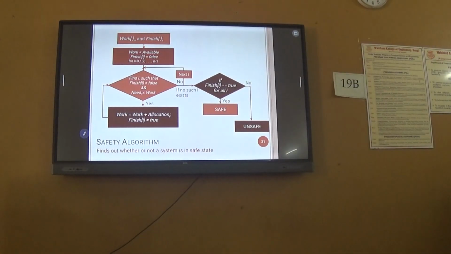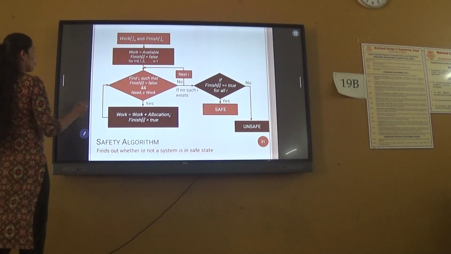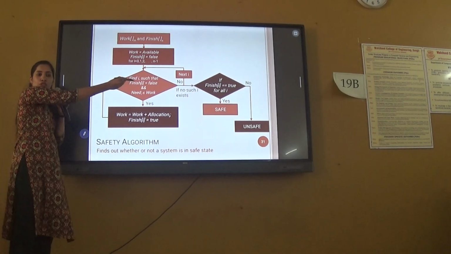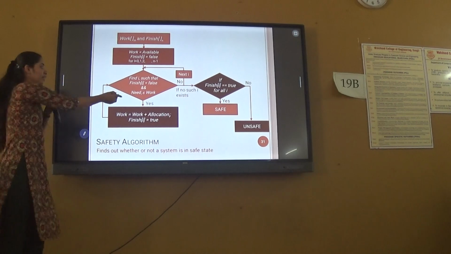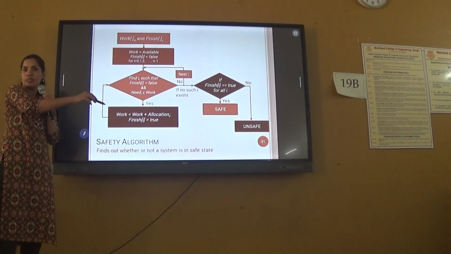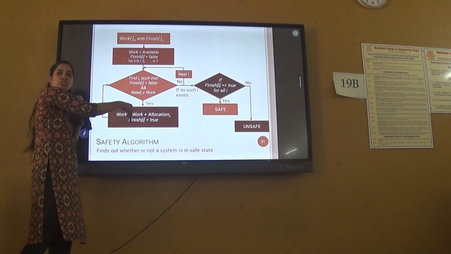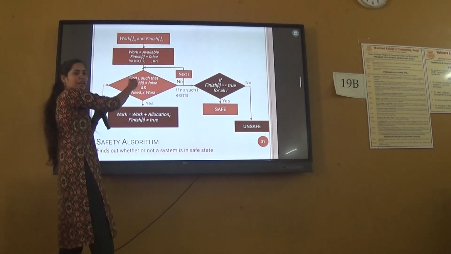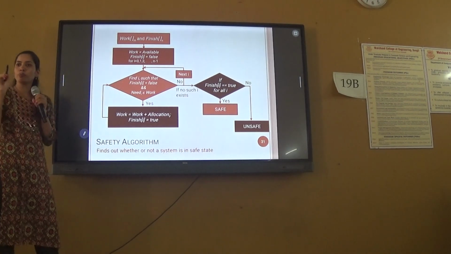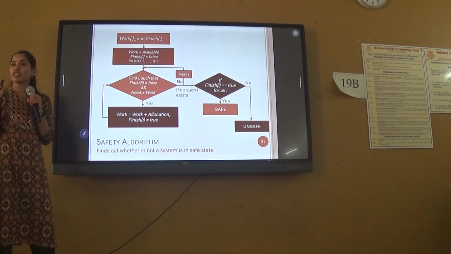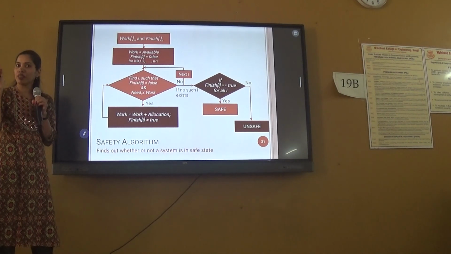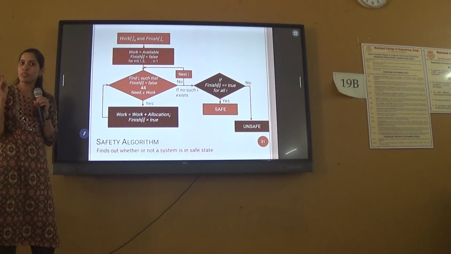No. Again we go back to P0. P0 has status false. Its need is less than work, yes. We can allocate the resources, complete its execution, and make it true. P1 is true, P0 is true.